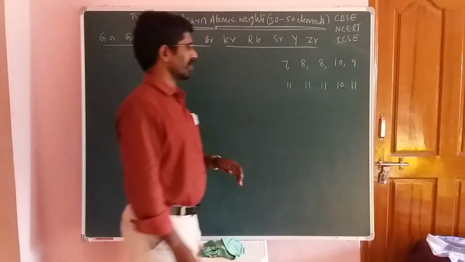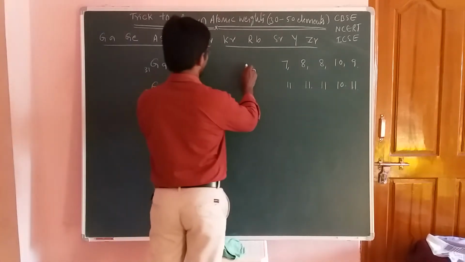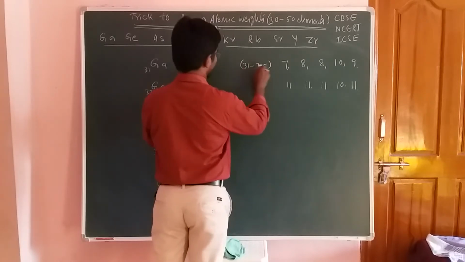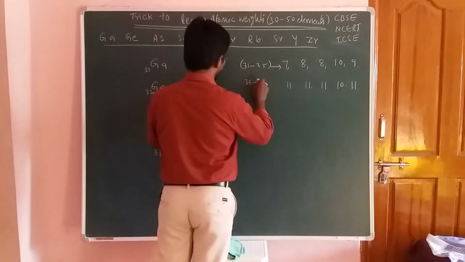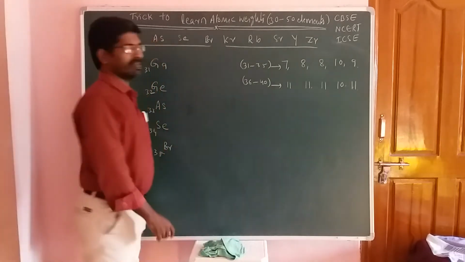So this is for the 36 to 40 elements. First, for atomic numbers 31 to 35, these numbers are added, and for 36 to 40 elements, you should add those numbers.